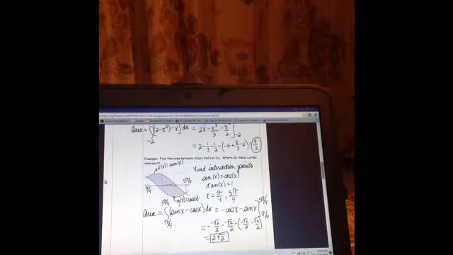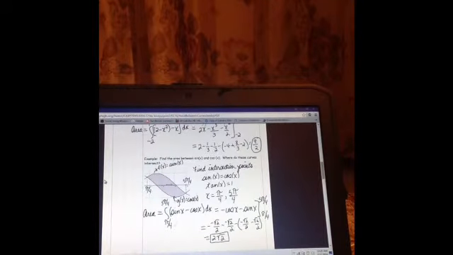So let's look at another example. Find the area between sine of x and cosine of x. Where do these curves intersect? If you set those equal to each other, they are going to intersect where tan of x equals 1, which are pi over 4 and 5 pi over 4.